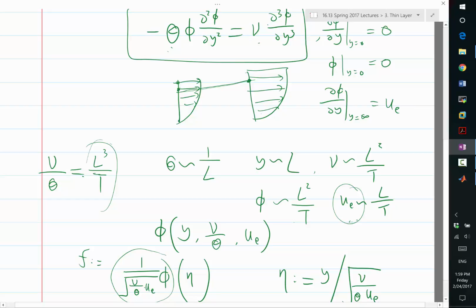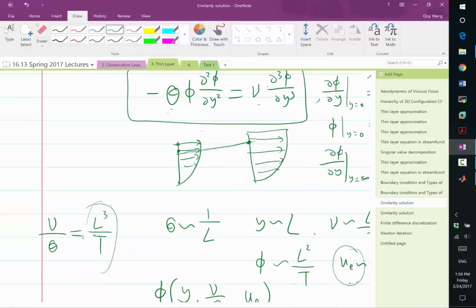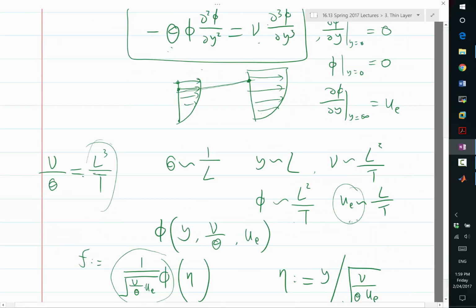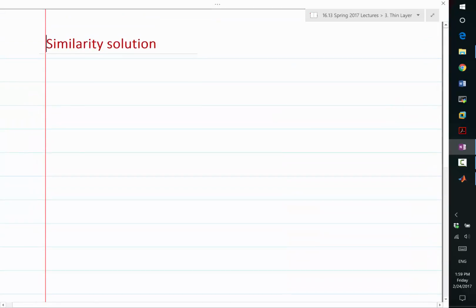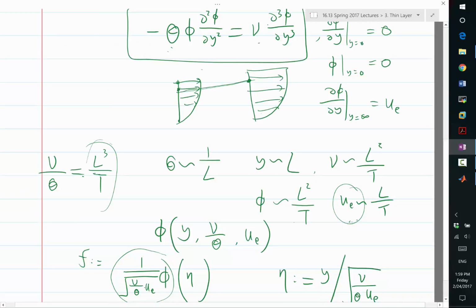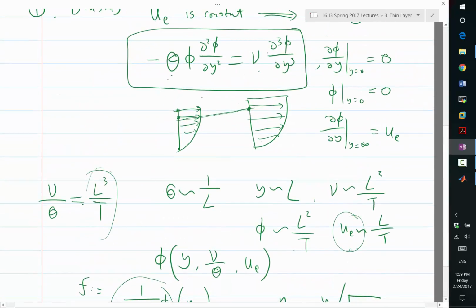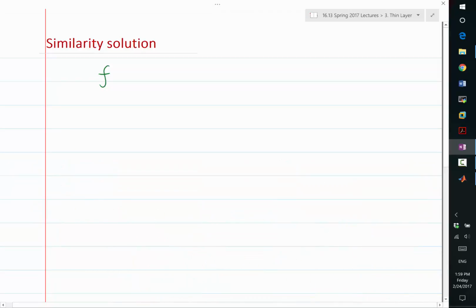When we put all this non-dimensionalization into this dimensional equation, into this non-dimensional equation, what we get is: theta is gone, phi becomes f, and the second derivative of f would be equal to, nu is going to be gone, the third derivative of f. So this is the equation we will end up solving, and this is basically the Blasius equation.